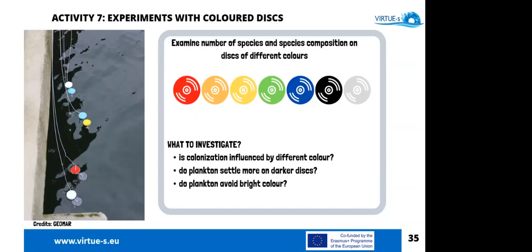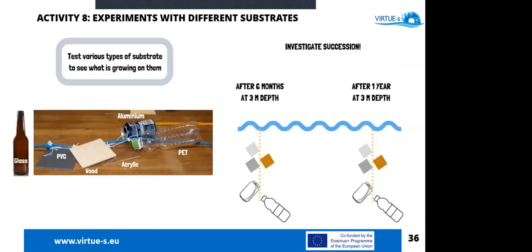And it could be interesting to change the target species to, for instance, mollusks or algae to investigate their preference for colors. So experiments with biofouling, as you can see, are very versatile and leave space for different kinds of settling and different kinds of investigation topics.